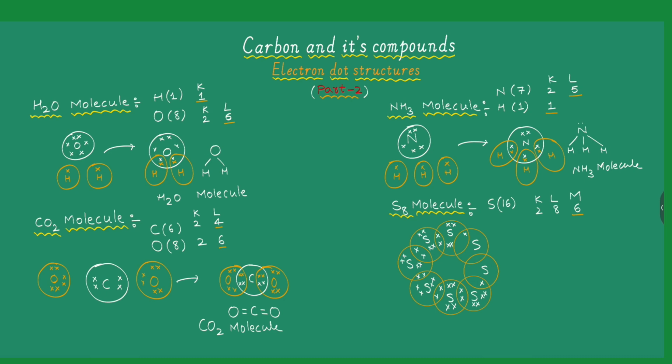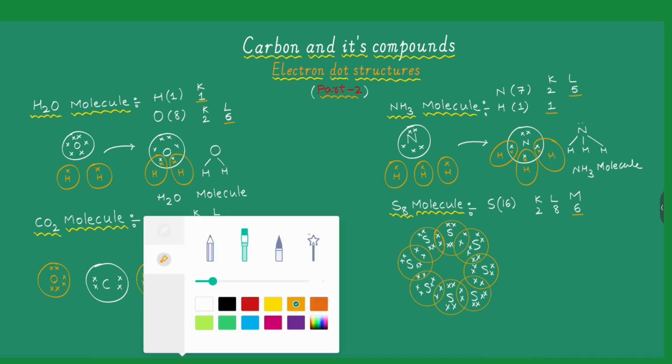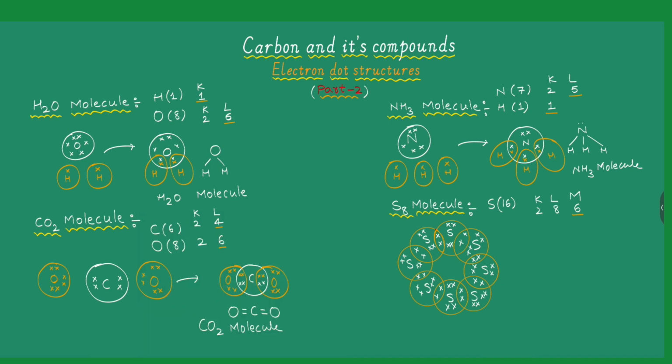Now for the next sulfur also, already 2 electrons are there in the sulfur atom, and we have to fill up 6 more. Now if you observe, these two electrons are shared, one given by one sulfur and the other given by another sulfur.